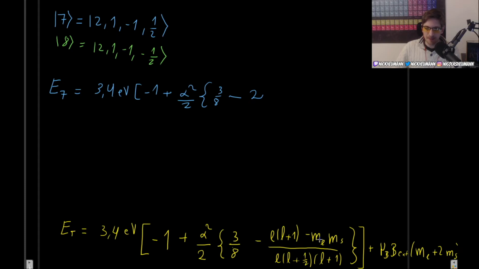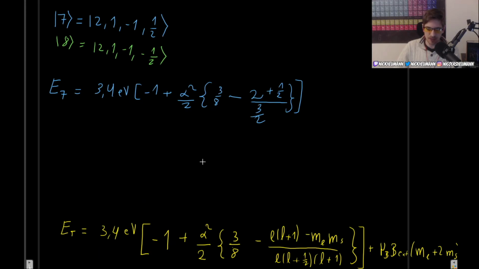But this time ML is minus 1, so we get plus 1 times 1/2. So we get plus 1/2. This is divided by 3/2. And then we get plus the Zeeman contribution. Since ML is minus 1, we get minus 1 plus 1, so we get 0.